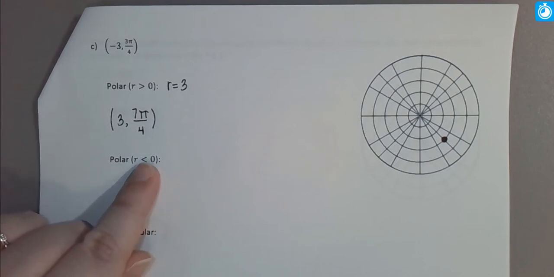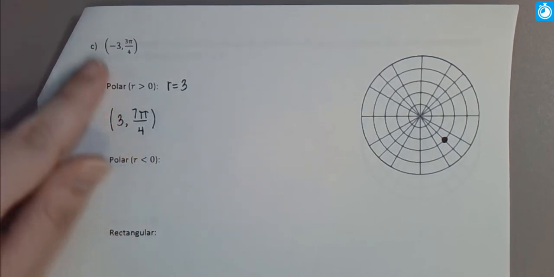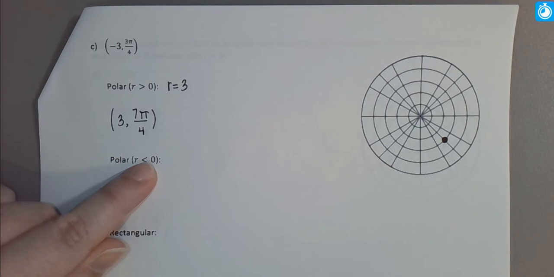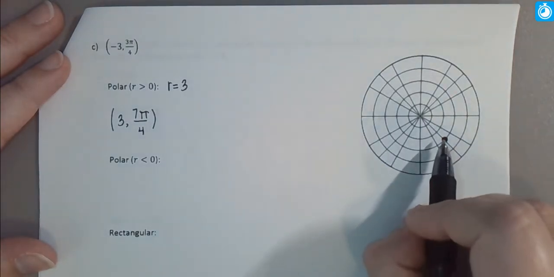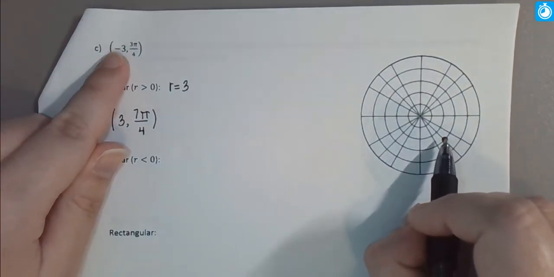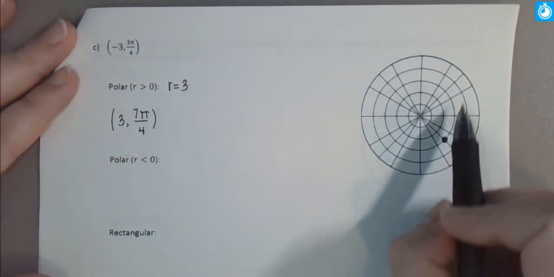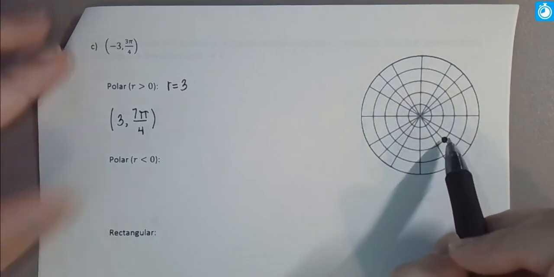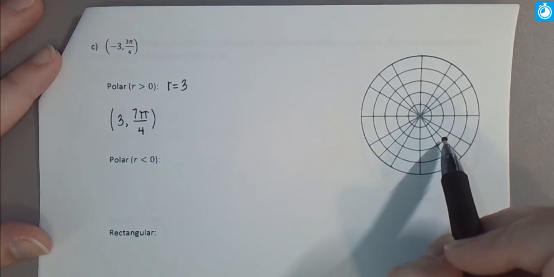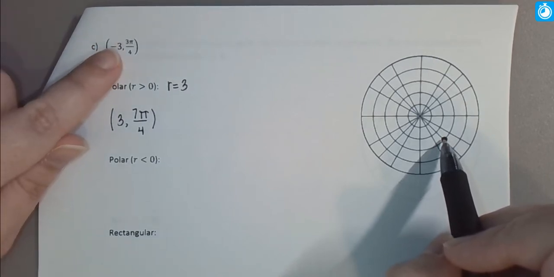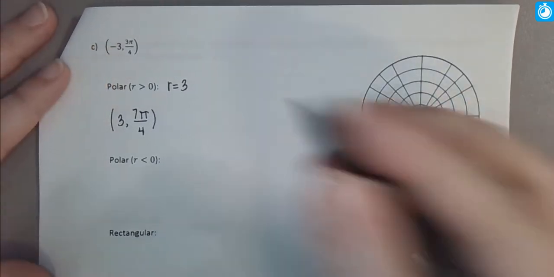Now, if r is less than 0, that means we're using the same value for r. And this is where those coterminal angles are going to come into play. So keep in mind, this particular point took us to this location based on this value of r. So if we were to just find a coterminal angle to 3 pi over 4, it's going to generate the same location because we're assuming that we started with the same value for r.